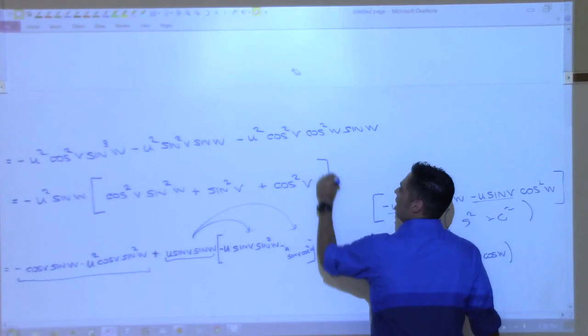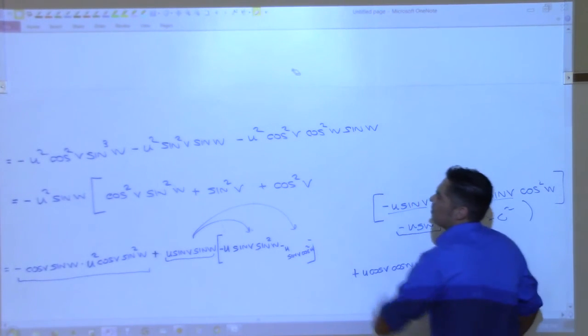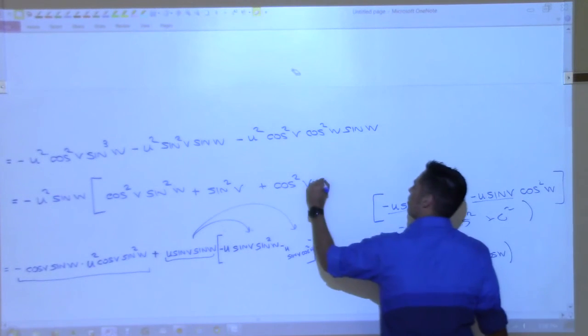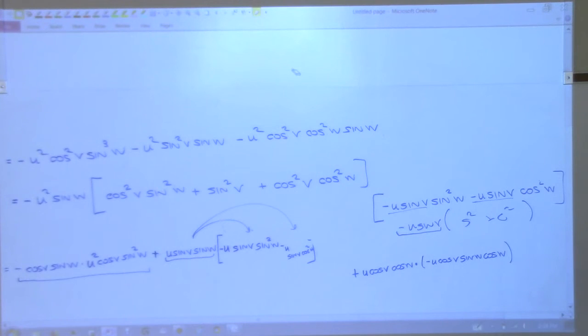I was wondering when it was going to happen. Okay, there we go. Cosine squared w. Is this going to happen? Yes, okay. Yes.